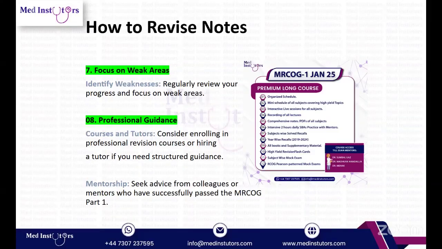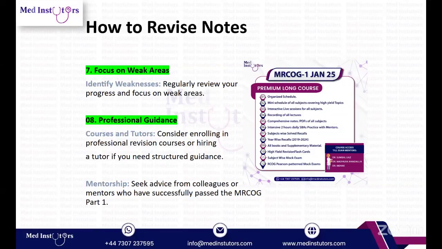You can also take professional guidance, like you can take some courses, or you can take some tutors, or you can follow the advice of your mentor. Consider enrolling in professional revision courses or hiring a tutor if you need structured guidance. But again I endorse this: make sure you're following the right track and the right people, because when you take multiple opinions from different people, at the end of the day you are confused.